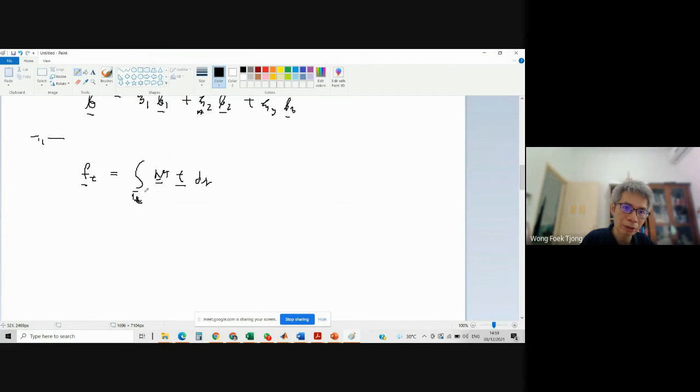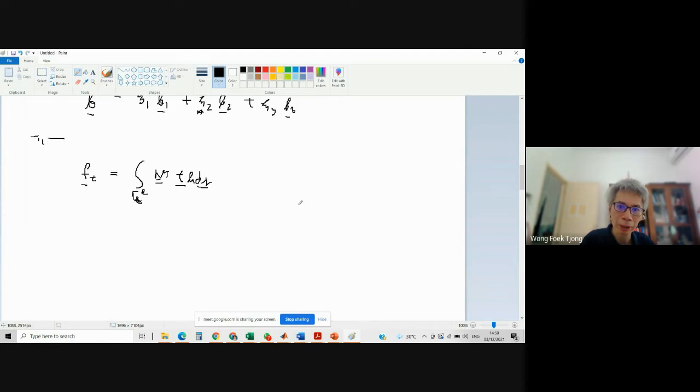This is the traction boundary condition on that element, okay. This is h ds, actually, the thickness times ds. ds is the integral along that line, okay.